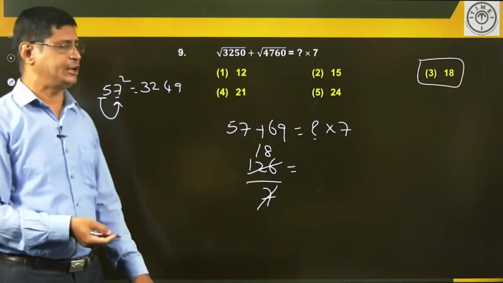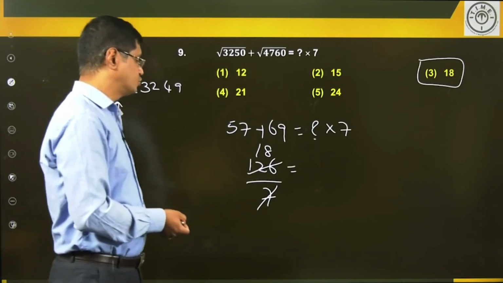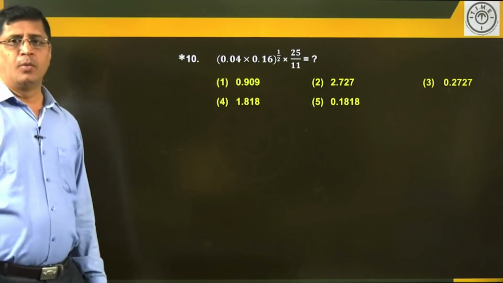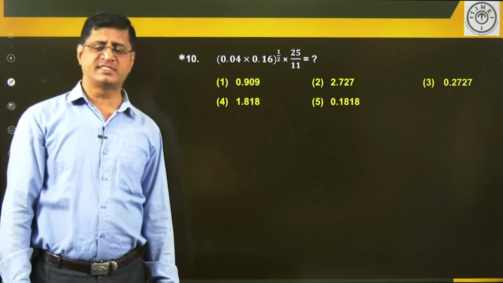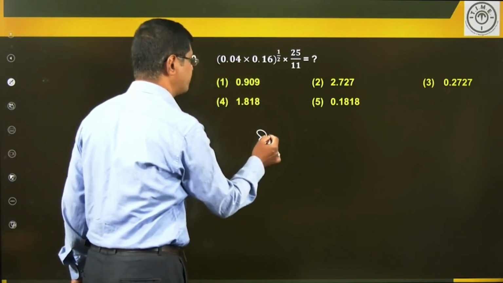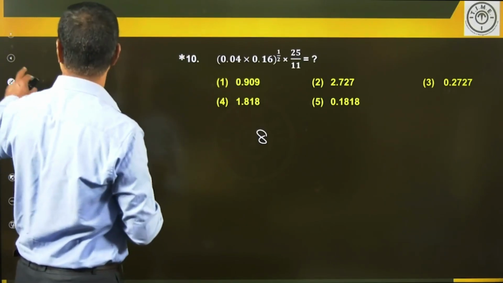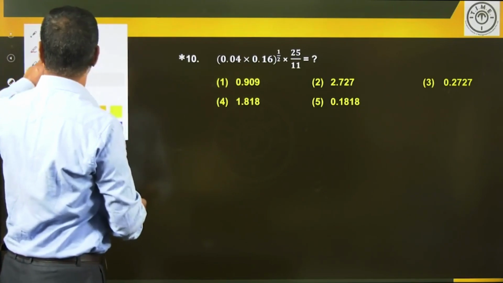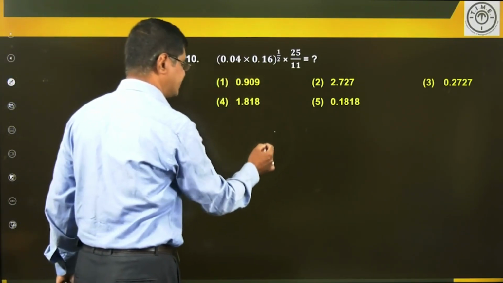13 into 7 is 91, but here 18 times, 18 into 7, that is 126. 0.04 into 0.16, that is 0.4 into 16... sorry, 4 into 16 is equal to 64.